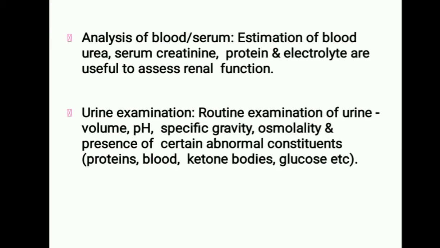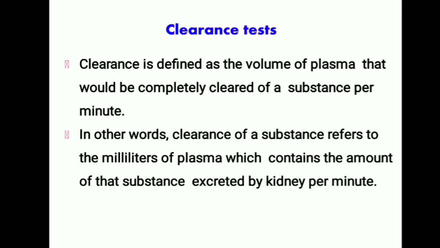Next we have urine examination. Routine examination of urine includes volume, pH, specific gravity, osmolarity and presence of certain abnormal constituents like proteins, blood, ketone bodies, glucose, etc. So here we'll discuss clearance test.